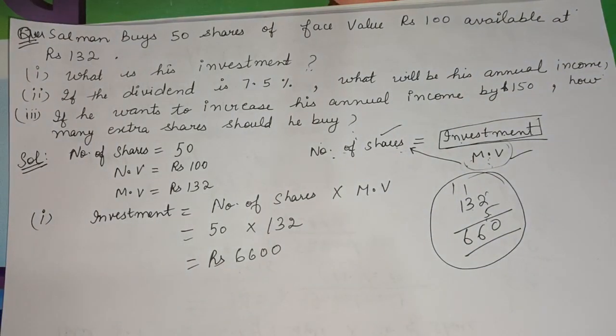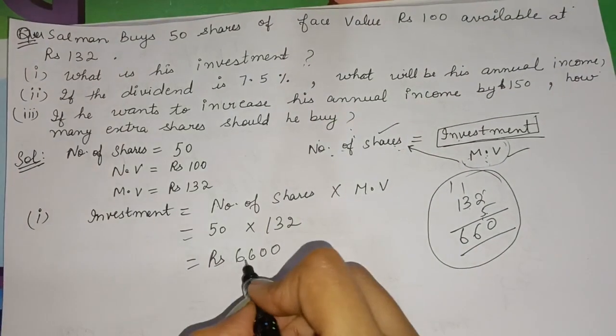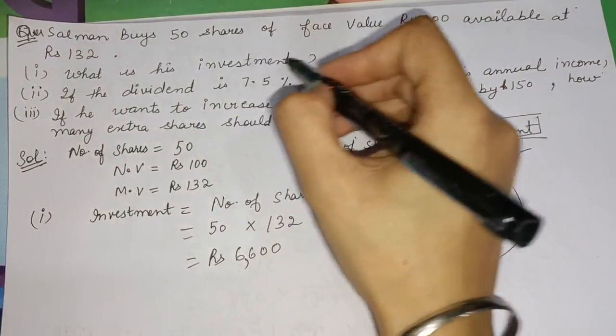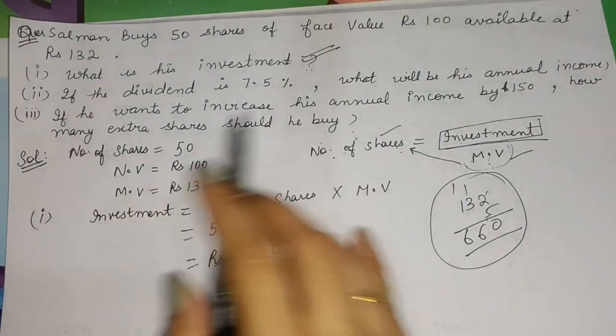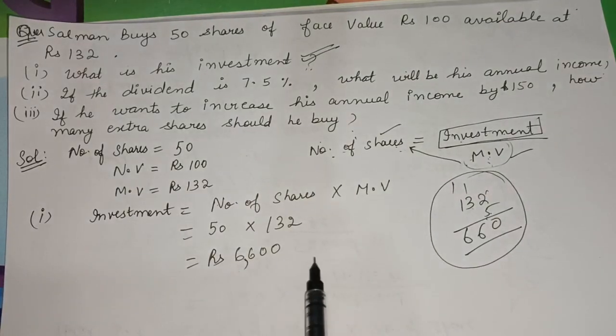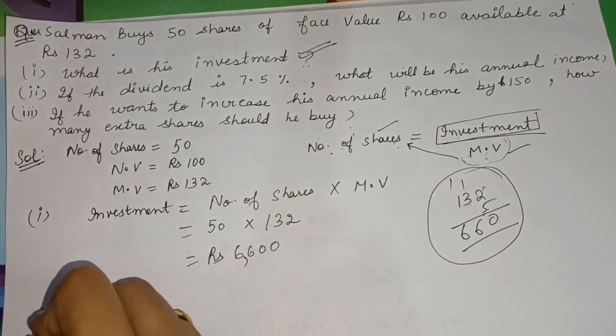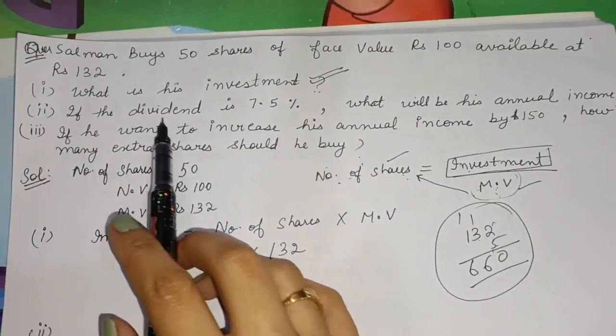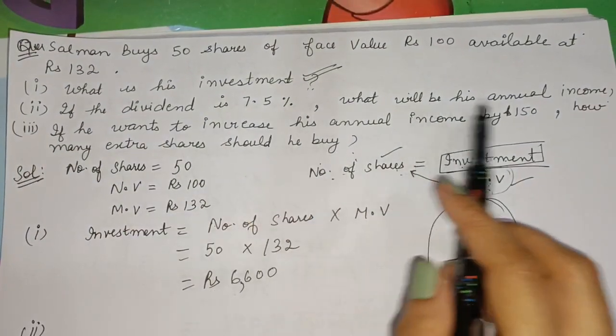So keep on checking this part. So I have found investment is 6,600. First part of the question is done. What is the investment? Investment is 6,600. Second part, if the dividend is 7.5%, what will be his annual income?